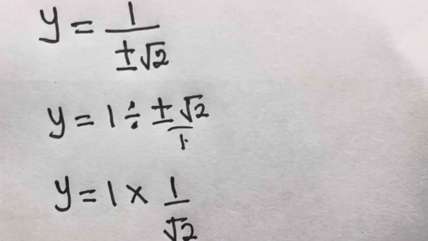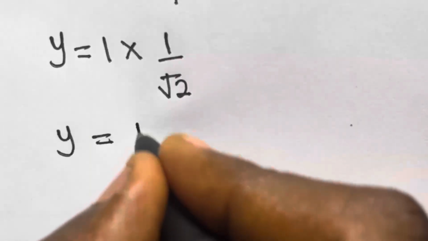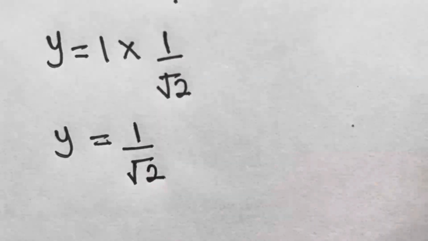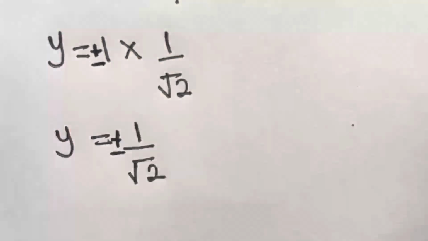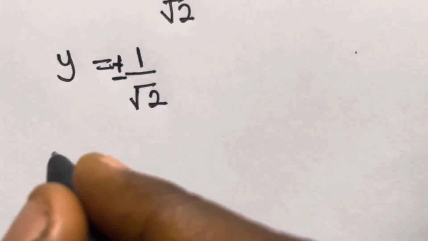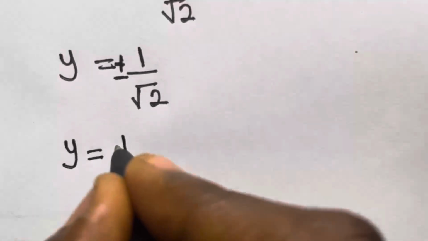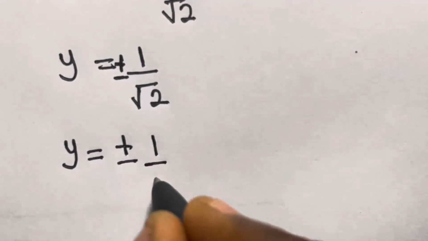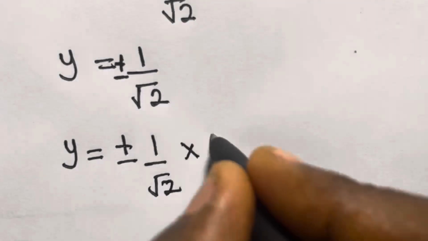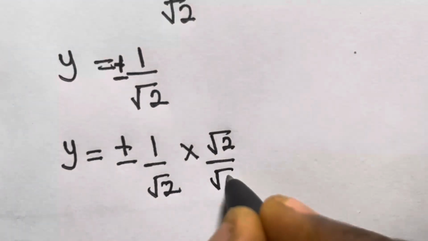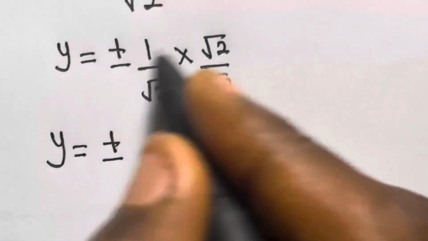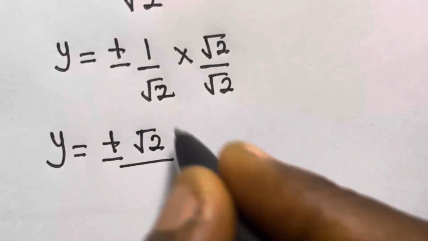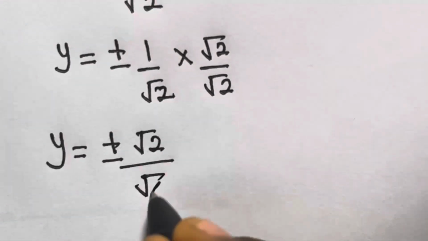So now we have y equals 1 divided by the square root of 2, with the plus or minus. From here, we have to rationalize. We have y equals plus or minus 1 divided by root 2. If you rationalize, we multiply by the square root of 2 over the square root of 2, so we have y equals plus or minus 1 times root 2 divided by root 2 times root 2, which is root 4.